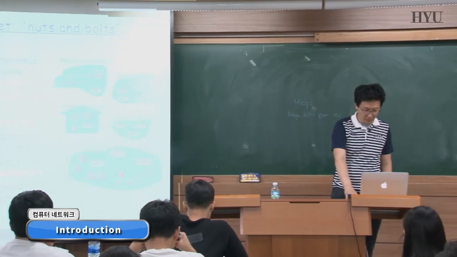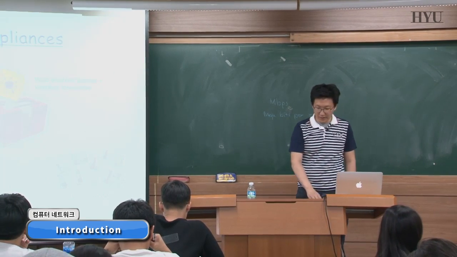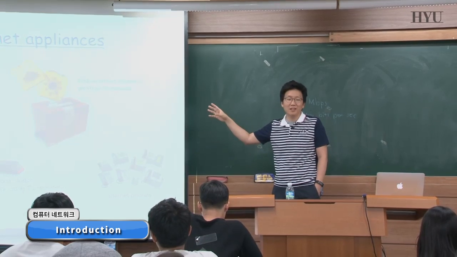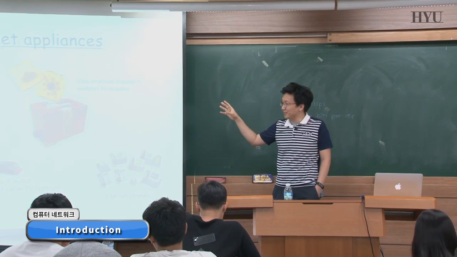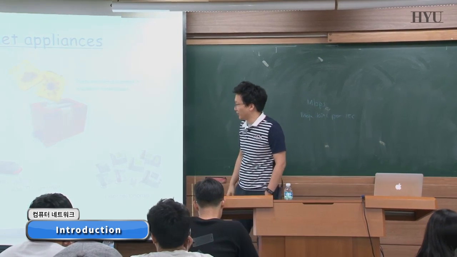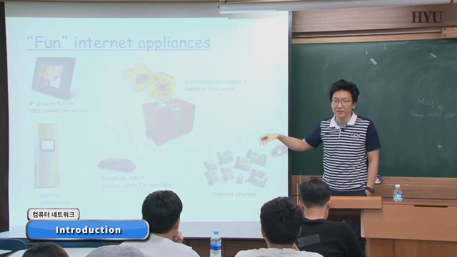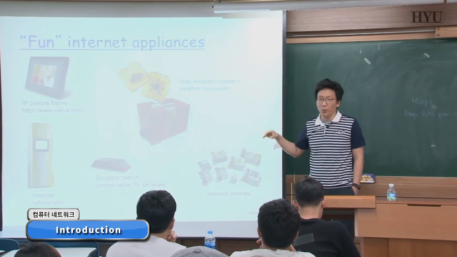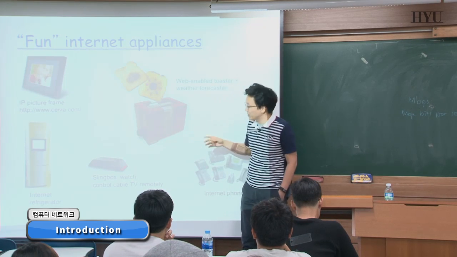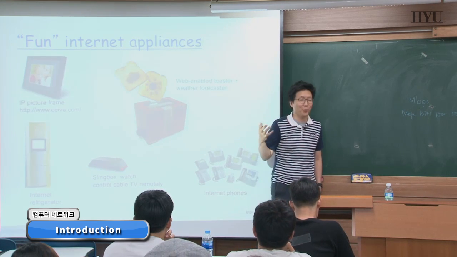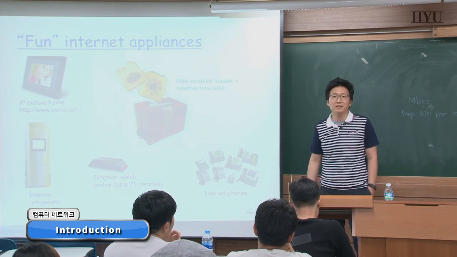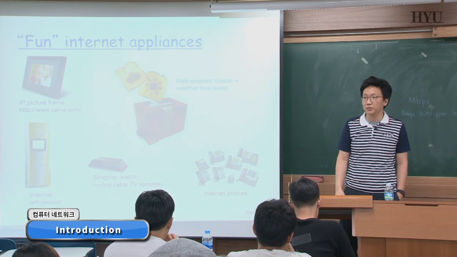Wow, where am I? And there are some crazy things. When these things were there 10 years ago, they thought it's crazy. It seems these things are coming back again ever since the IoT things are going on. There was a crazy fridge with an internet connection. I don't know why they had to build a fridge with an internet connection. There was even a toaster with an internet connection. It's quite common here though. Air conditioning has an internet connection so you can control it from outside your house, right?